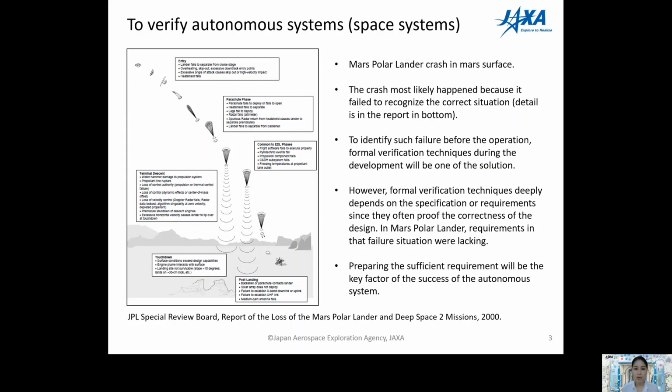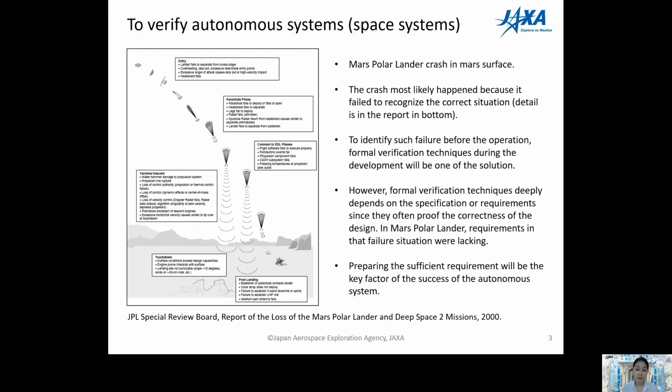However, we also think that formal verification techniques deeply depend on the specification or requirements, because formal verification often proves the correctness of the design based on the specification or requirements.